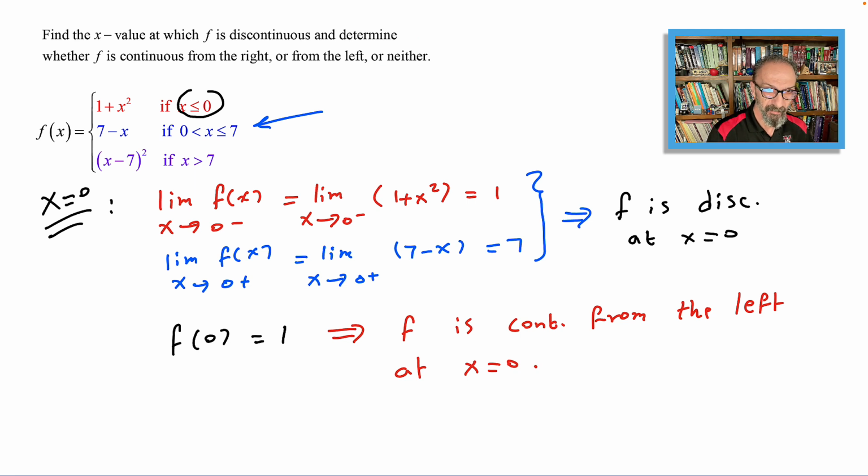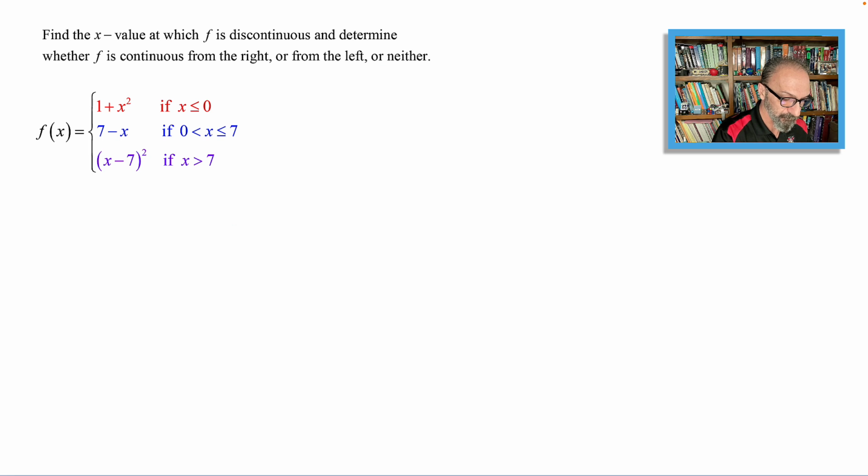Now let's discuss the number 7. At x equals 7, limit f of x as x approaches 7 from the left.